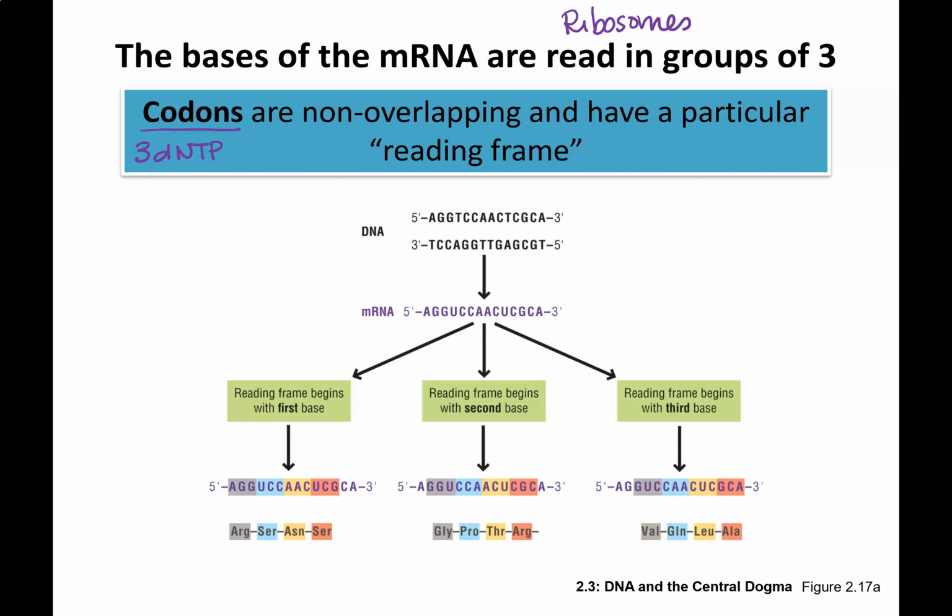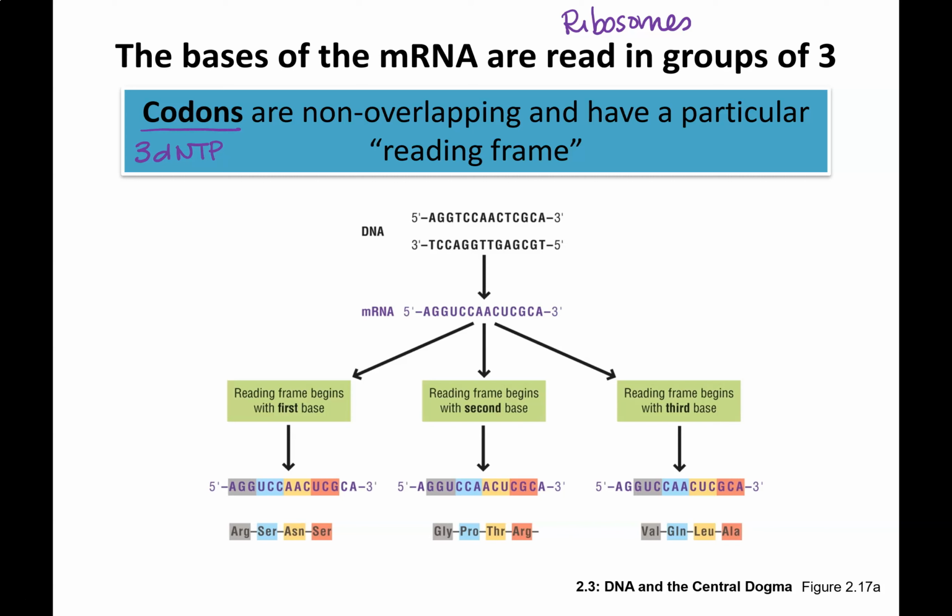Codons are non-overlapping. That means once you start a sentence, you don't drop letters, skip letters, anything like that. And once you start, you set a particular reading frame. That means every 3 nucleotides, with no skips, jumps, hops, are read for 1 amino acid.